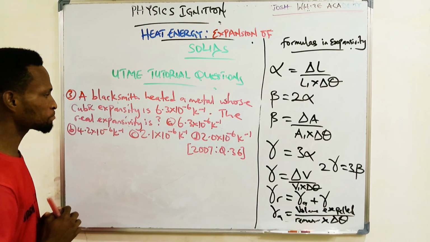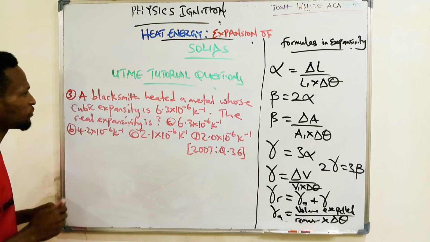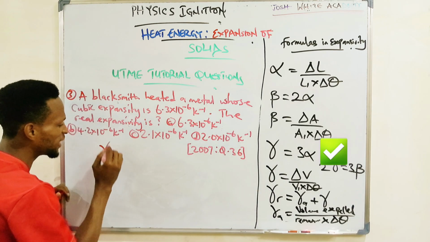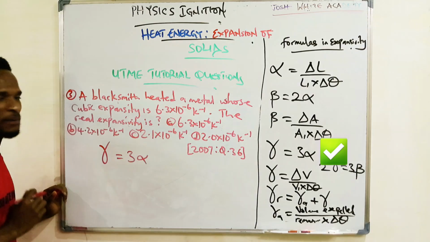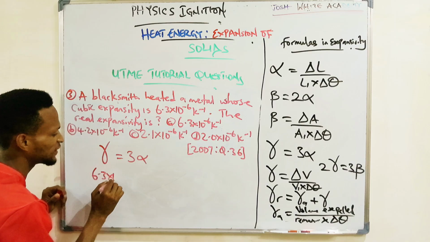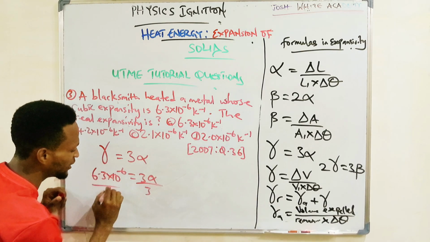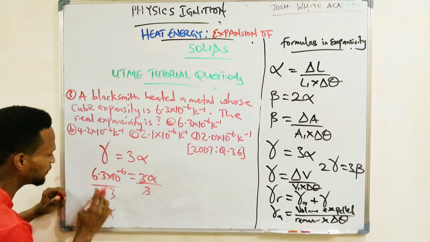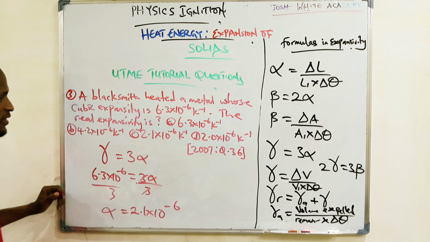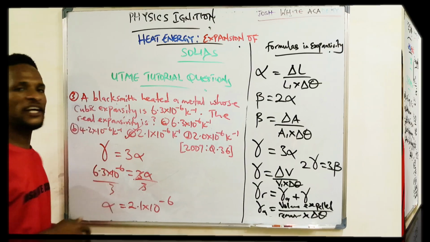Now let's solve it. We know that by this formula, cubic expansivity is 3 times linear expansivity. They said cubic expansivity is 6.3 × 10^-6. So divide both sides by 3, and our linear expansivity will give us 2.1 × 10^-6. That means our answer is C.